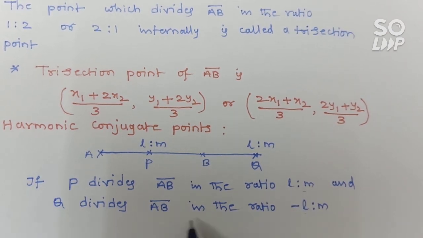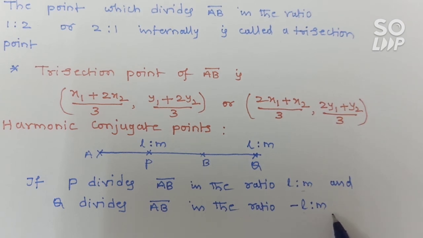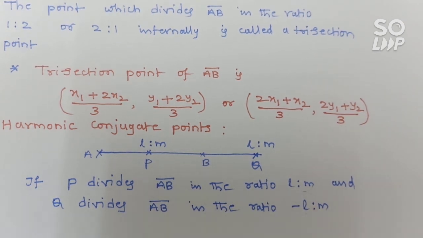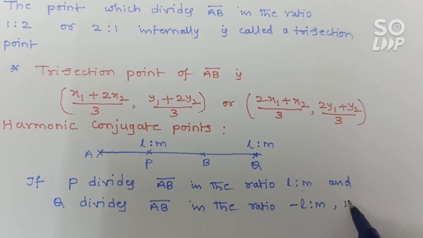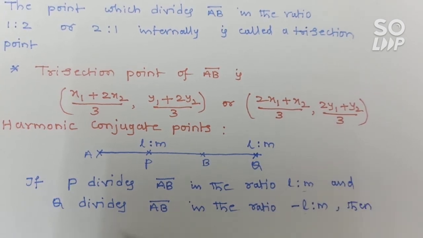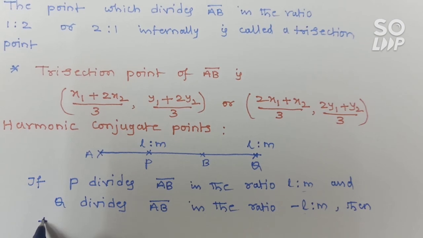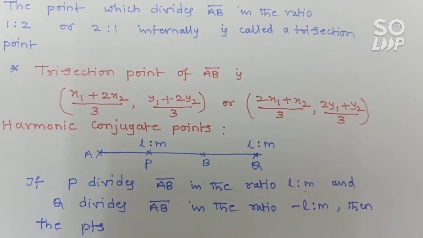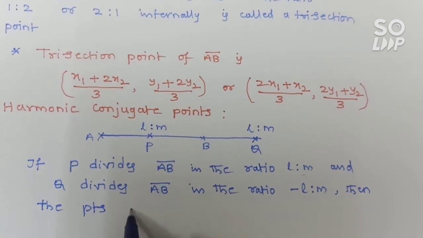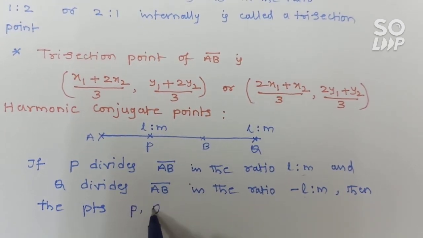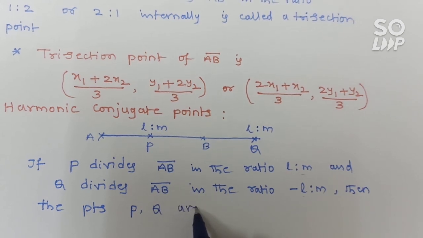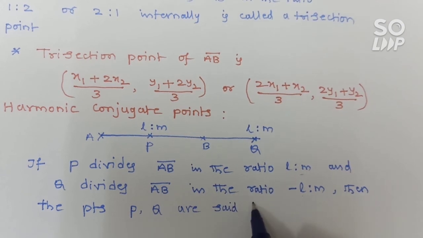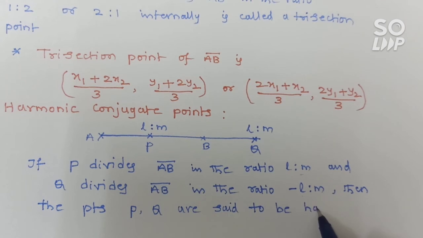So Q divides AB in the ratio minus L is to M, then the points P comma Q are said to be harmonic conjugate points with respect to A and B.